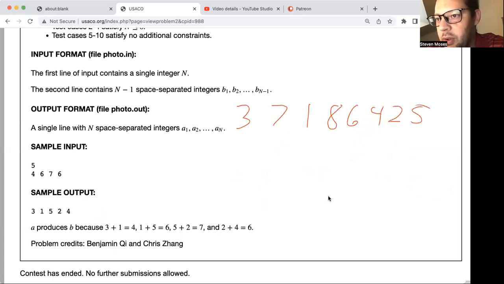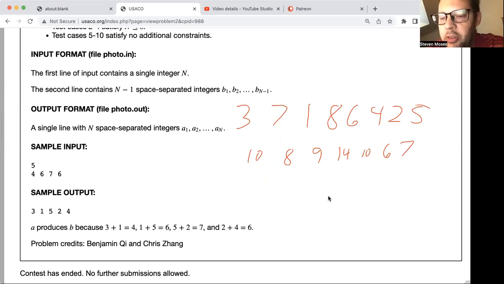Let's see, 1, 2, 3, 4, 5, 6, 7, and 8. Okay, great. So I'm going to generate B out of this. So it's going to be 10, 8, 9, 14, 10, 6, and 7. Okay, so wanting to try to regenerate the original sequence here.